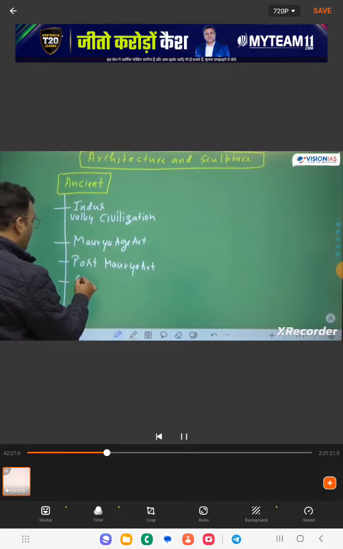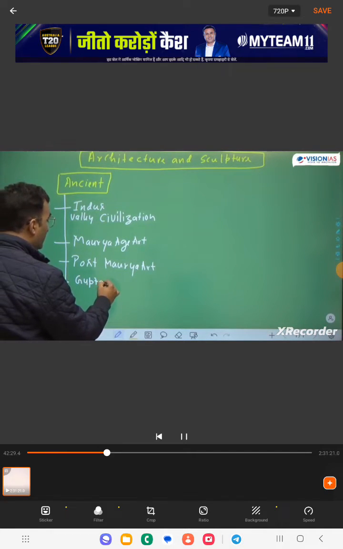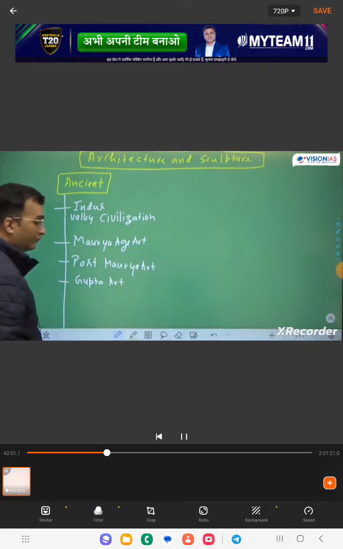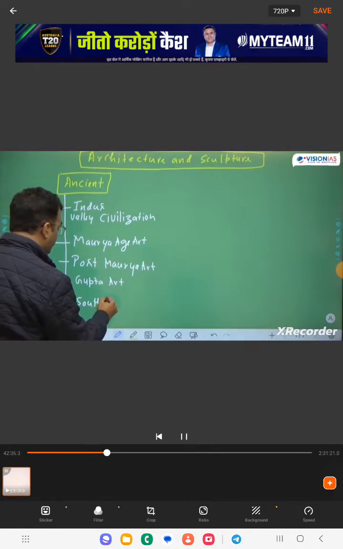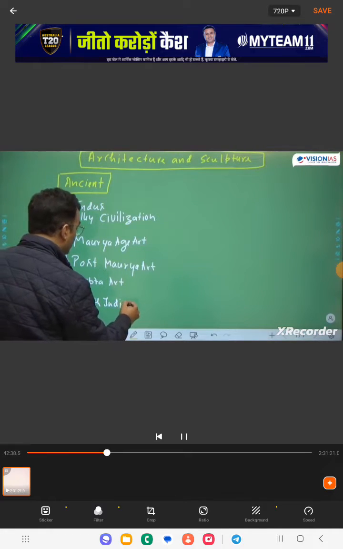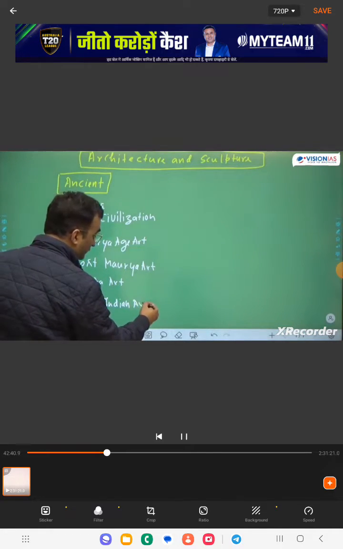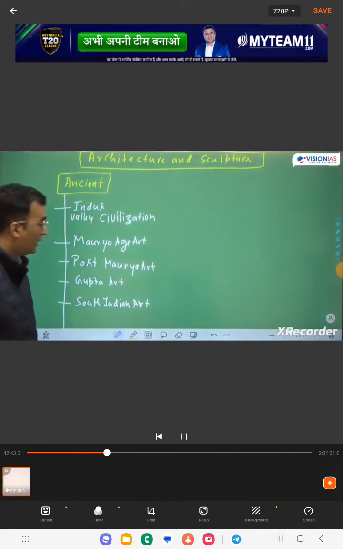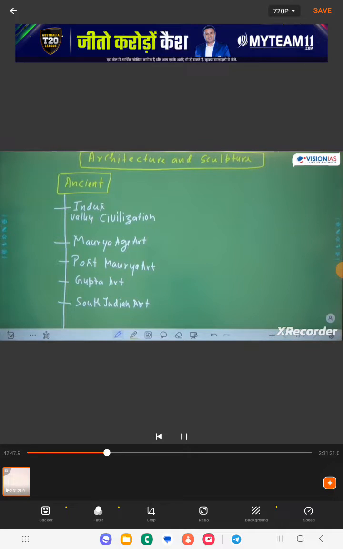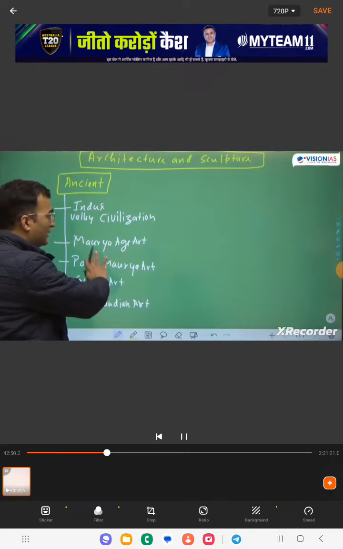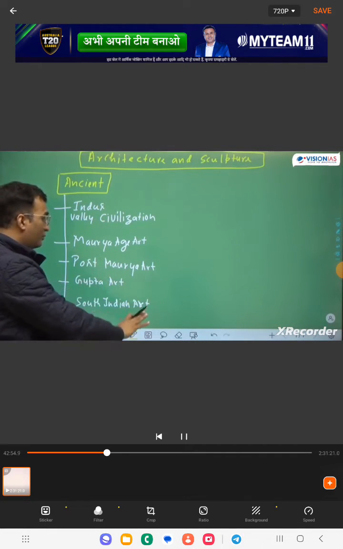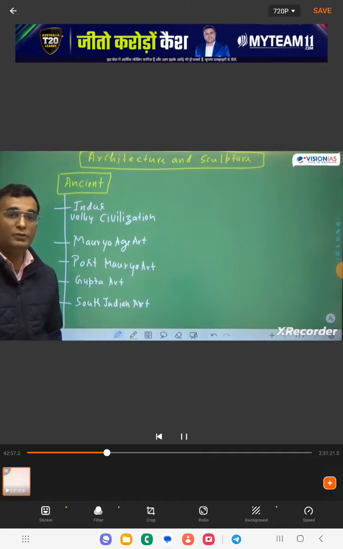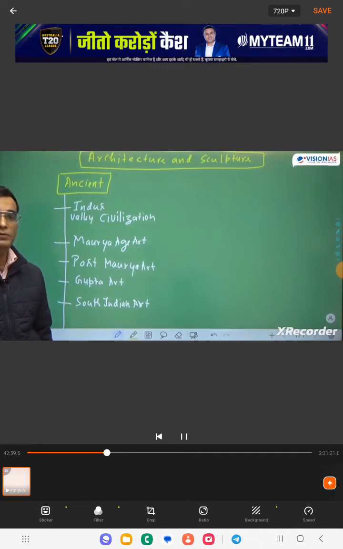Then after post-Maurya art, we are going to see Gupta art, and after Gupta art, the last one, South Indian art. So these are the topics that we are going to touch in the ancient portion: Indus Valley civilization, its architecture and all the art-related things, Maurya age art, post-Maurya, Gupta, and then South Indian art. So these are the topics of the ancient.